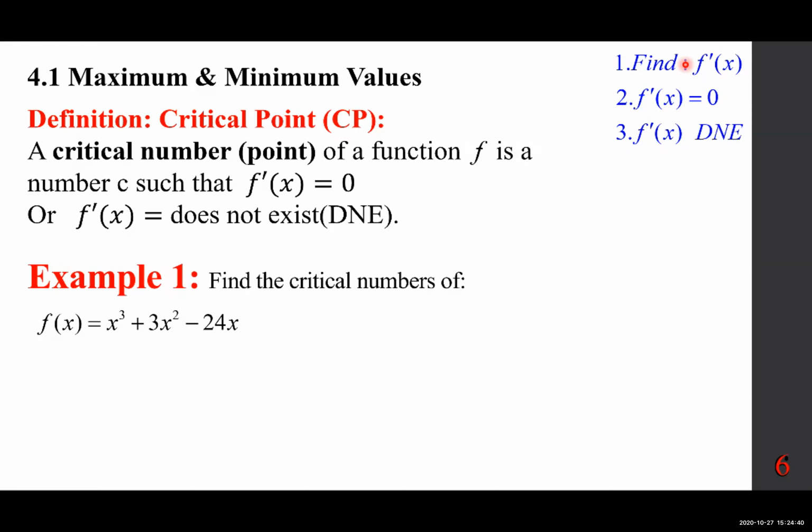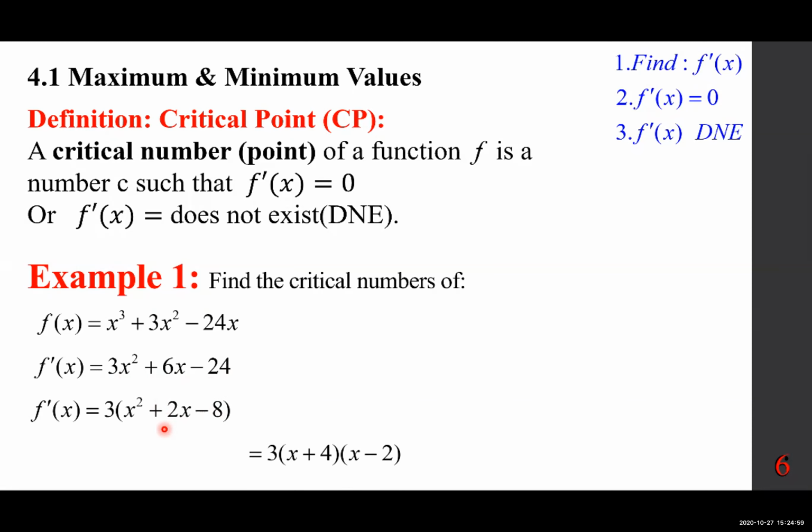3x squared plus 6x minus 24. To set this equal to 0, we need to factor. I'm sure nobody has any problem with the factoring. We factor out the 3. Then we want two numbers whose product is -8 and whose sum is 2. If we set this equal to 0, it results in x equals -4, x equals 2.